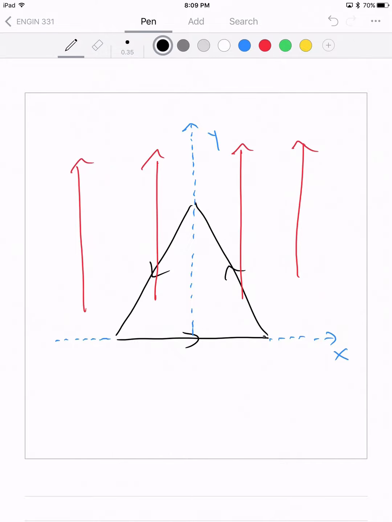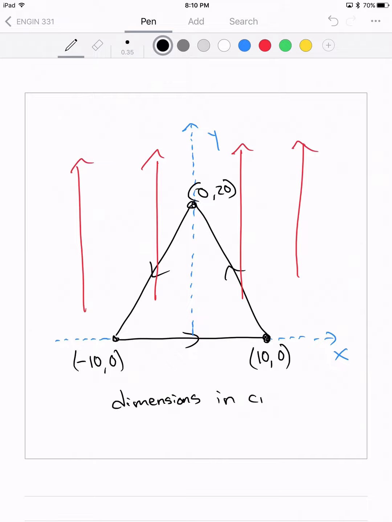And we're given the end points of the triangle corners, the triangle segments. So this is minus 10, 0. This is 10, 0. And this is 0, 20. And all of these dimensions are in centimeters.